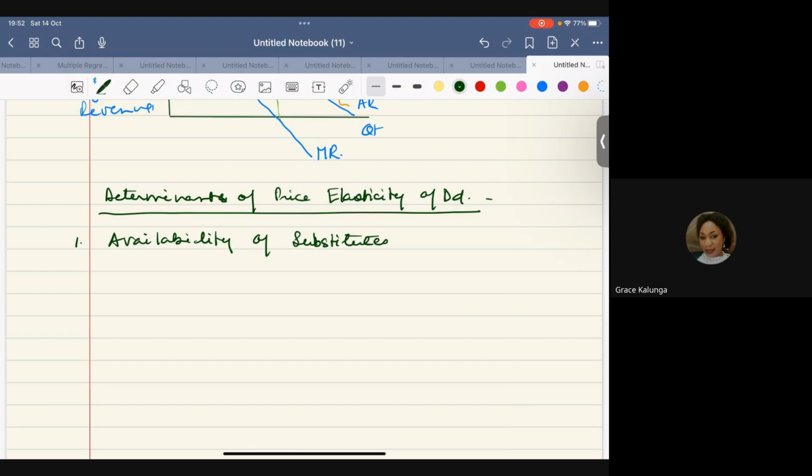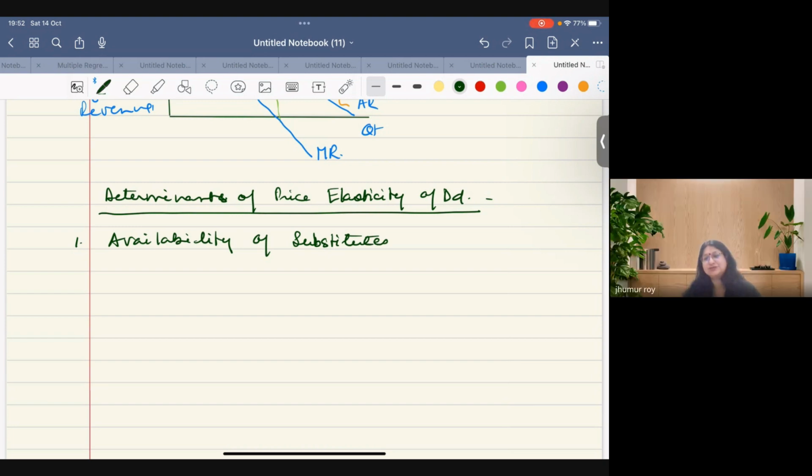Can you guess? Substitute, I think. Yes. So, what will be the elasticity? Will it be elastic or will it be inelastic? Think and tell me.